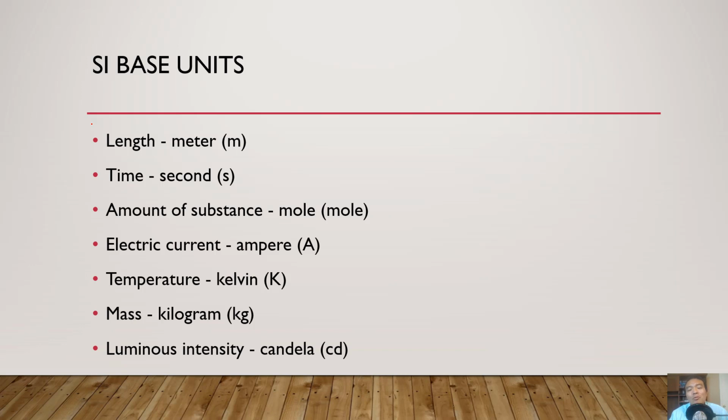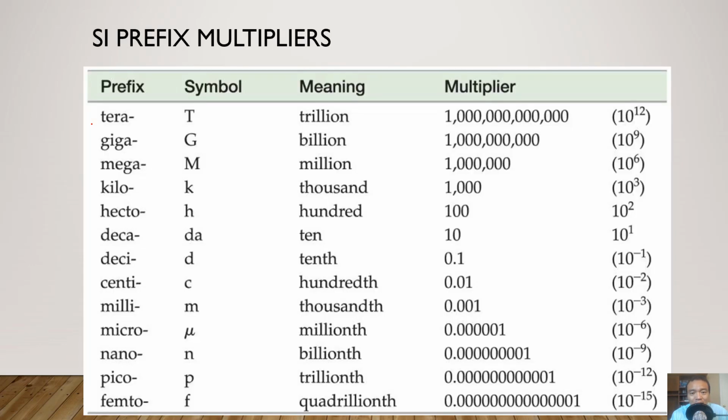Next, for some big numbers or small numbers, as we learned, we can use scientific notation to represent them, or we can do something on the units. We can put a prefix before that unit.